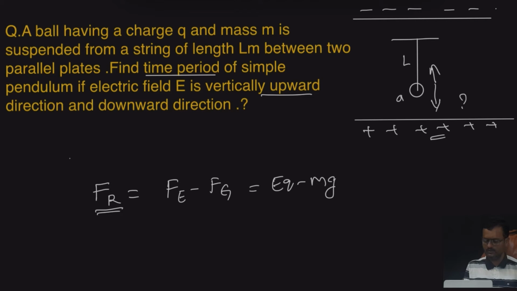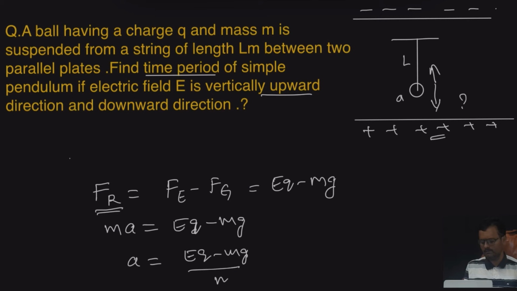Force equals ma, so ma equals EQ minus mg. I want only the acceleration from this formula, so that is (EQ minus mg) by m. The acceleration is in the upward direction, so it does not oscillate and has no time period. The question says it has a time period, meaning the acceleration should be in the downward direction, so the gravitational force should be greater.